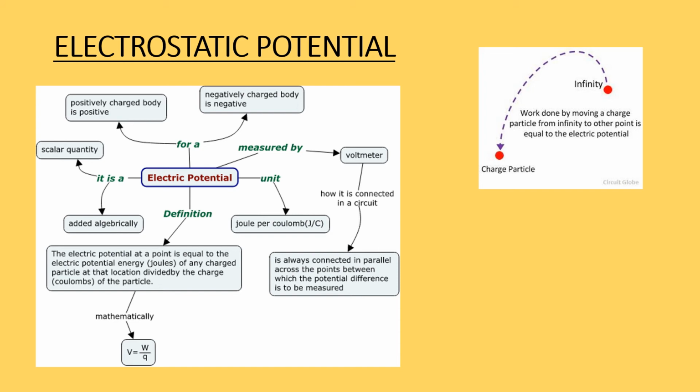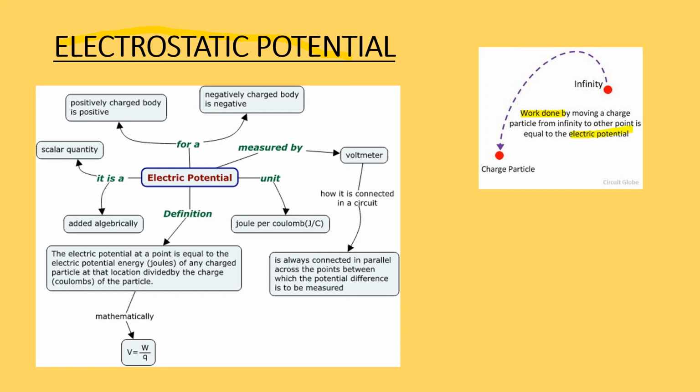Let's start with another topic, that is electrostatic potential. What is the meaning of electrostatic potential? Let's see it from the diagram on the right side. As you can see in this picture, the work done by moving a charge from infinity to another point is equal to the electric potential.